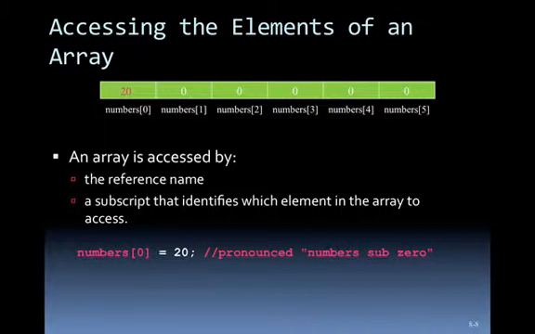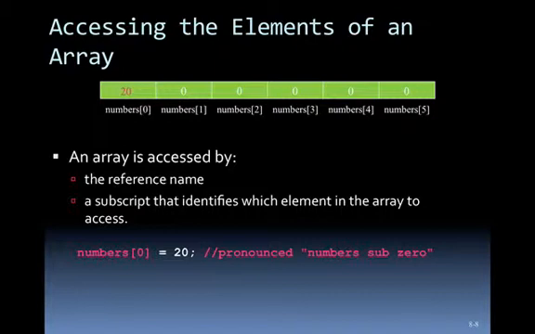And as we're going to find out in the next couple of slides, the last possible location is going to be whatever the size of the list is minus 1. So in the case of a list of 6 items, our first location to access is going to be numbers, and the subscript or the position is going to be 0.